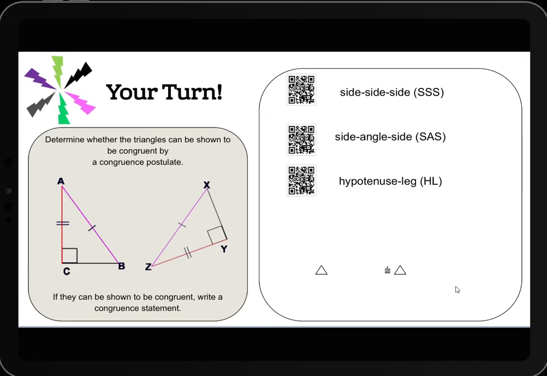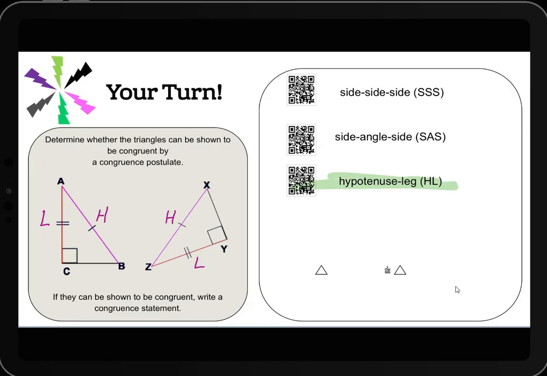So you can pause the video on this last question here and see if you can come up with the correct response to these 2 right triangles. So here you should have said hypotenuse leg, because here we have a leg and hypotenuse, and a hypotenuse and a leg. So they correspond and they're congruent and they're right triangles.